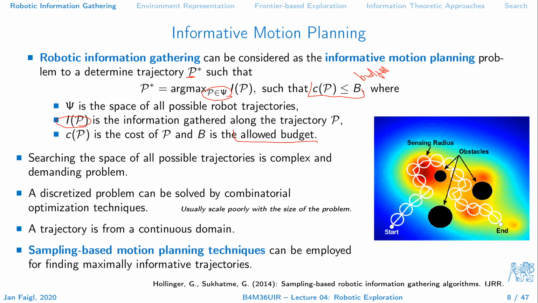We will cover sampling-based motion planning in the next lecture. Once you have this notion and technique, you can apply it to generate trajectories and assess the information you can gather. And we will use a very similar idea also in the exploration approaches we will cover in this lecture.